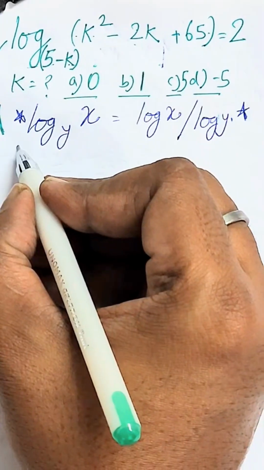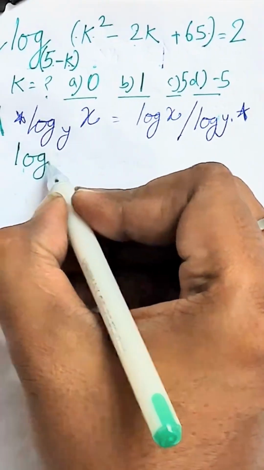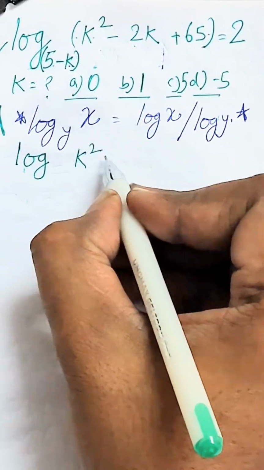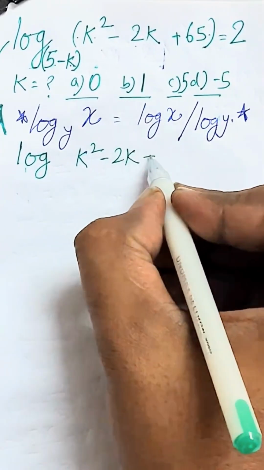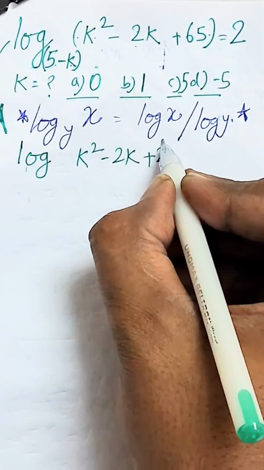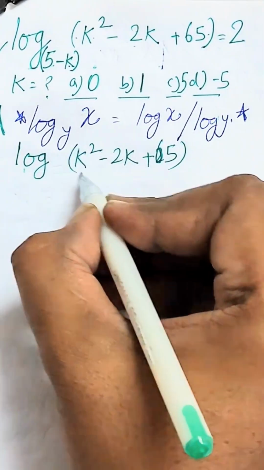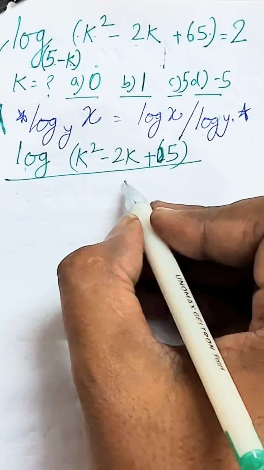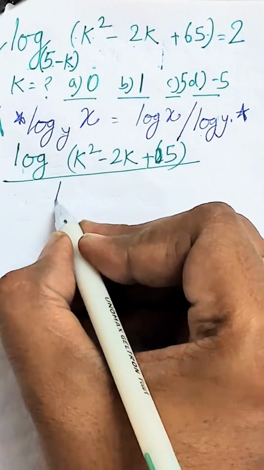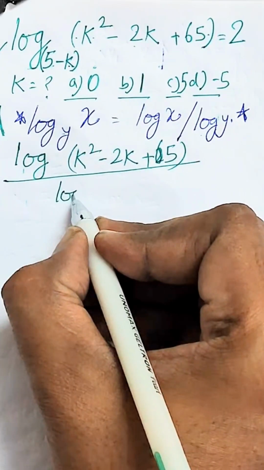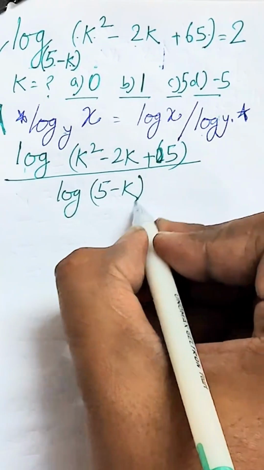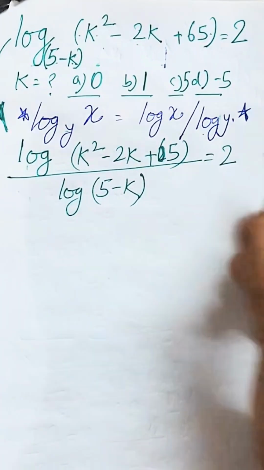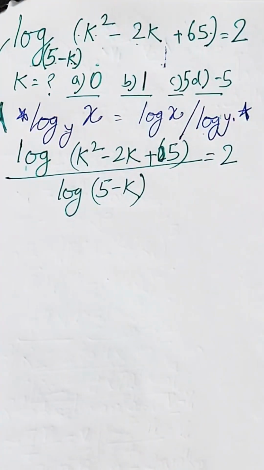Then the above equation can be written as log of k² - 2k + 65 divided by log of 5 minus k, and this value is equal to 2, right?